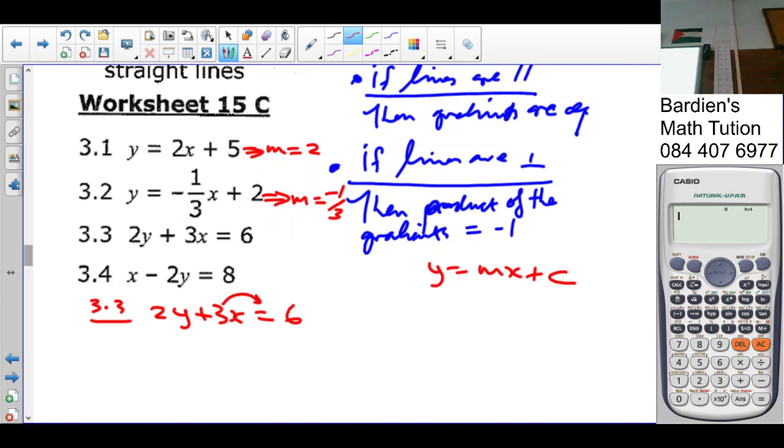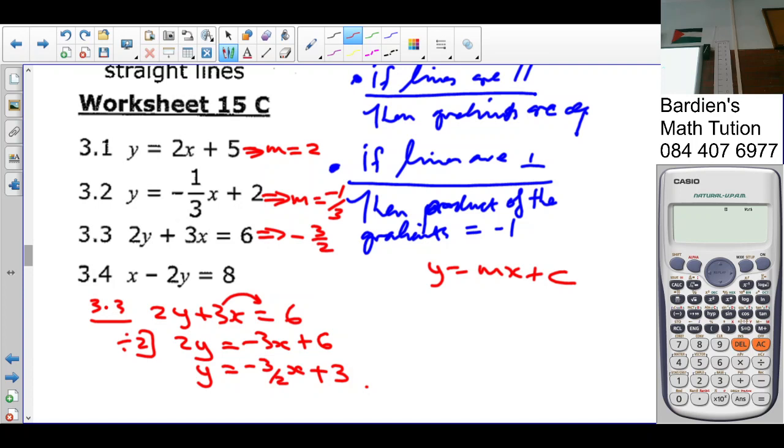I take 3x over, becomes 2y is equal to negative 3x plus 6. Then divide by 2, so y is equal to negative 3 over 2 x plus 3. So the gradient of this line is negative 3 over 2. Is that correct?